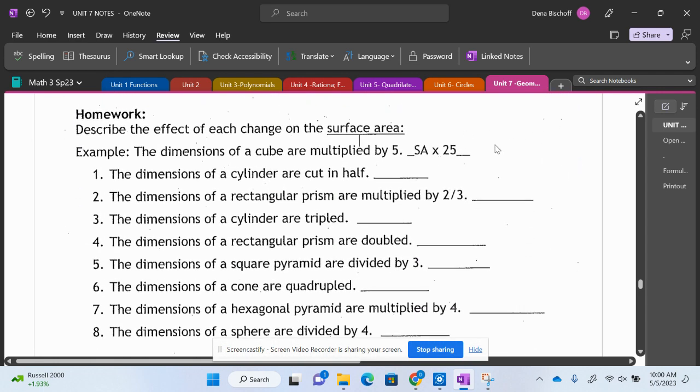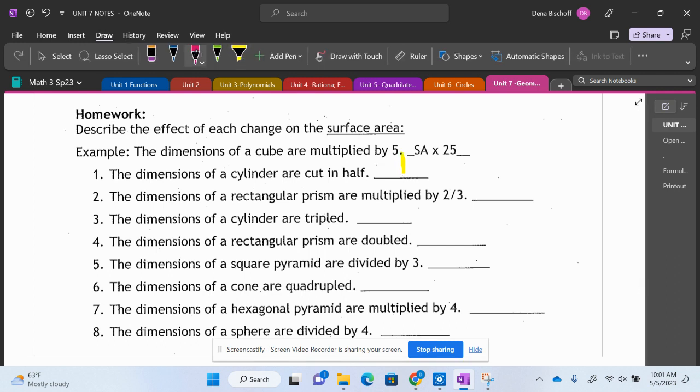Okay. So it's just asking you what happens to the dimensions of a cylinder if they're cut in half for the surface area? Well, what's half?